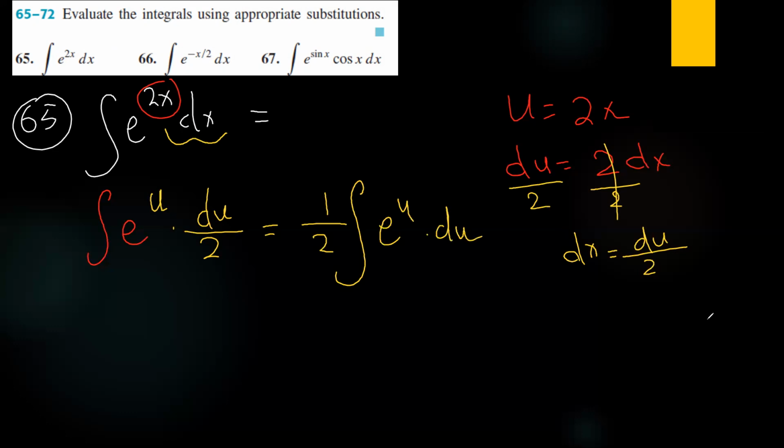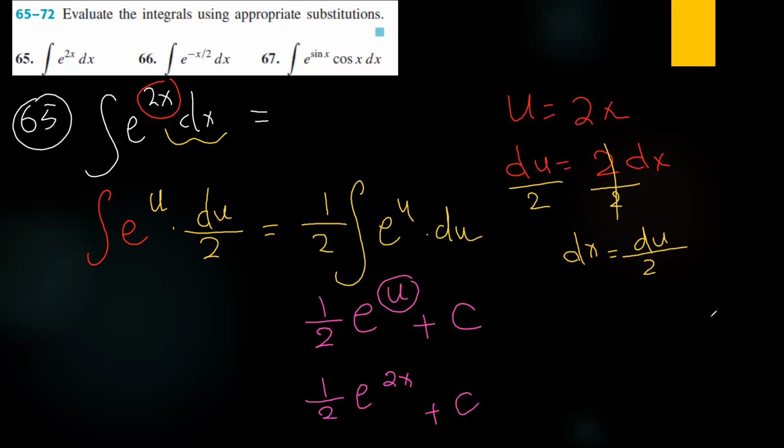And as we know before, the integration of e to the power u will be e to the power u. So half e to the power u plus c. Then I will substitute u with 2x. So it will be half e to the power 2x plus c.